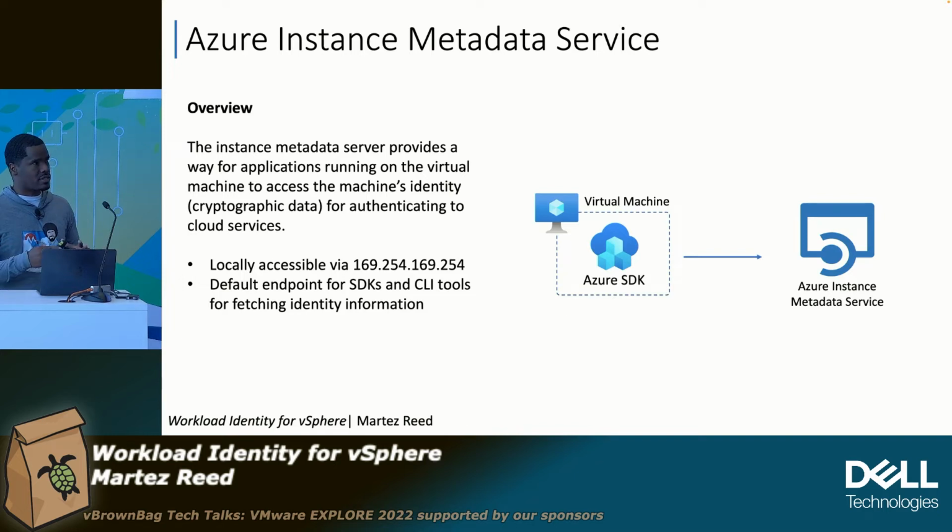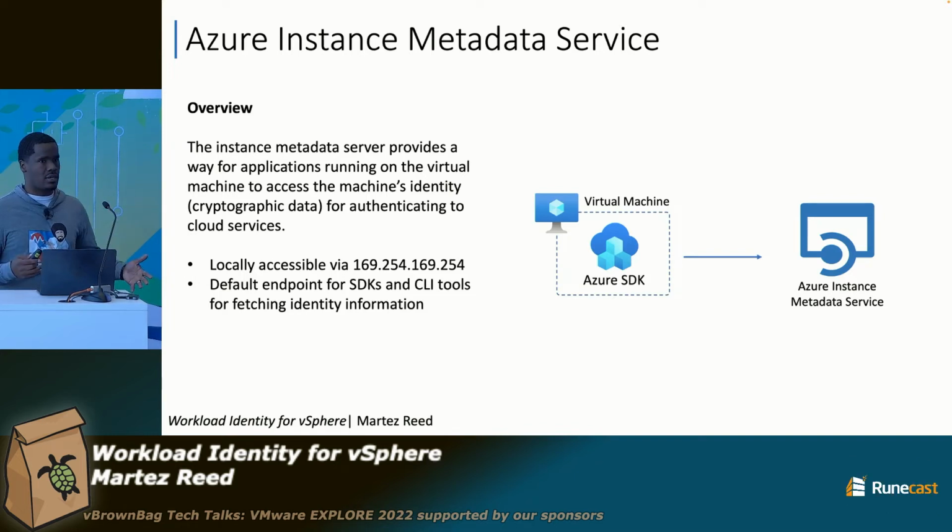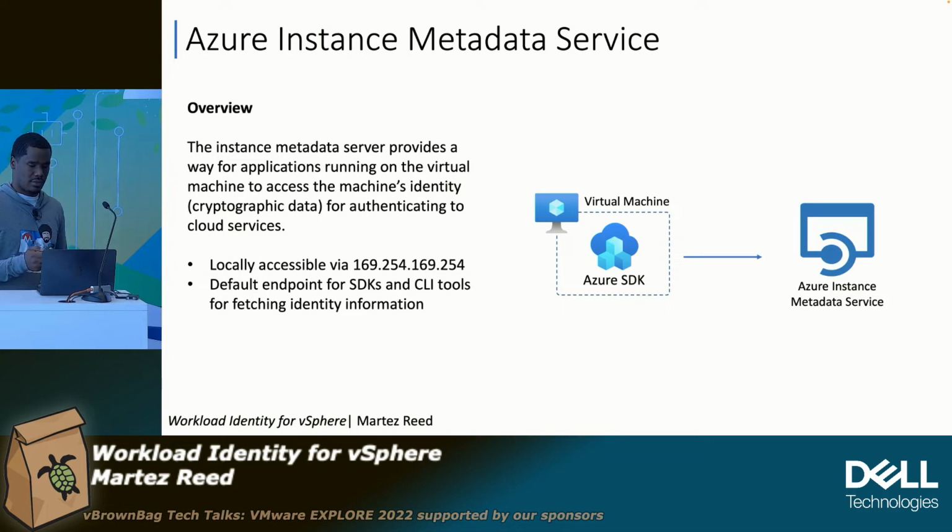Under the covers, what's actually happening is what we see here from the Azure Instance Metadata Service, handling all the heavy lifting for us. What it's actually exposed over is 169.254.169.254, which is an IP address that is accessible from inside of the virtual machine or instance, in which the SDK, the CLI, as well as human beings at the command line can access or interface with.